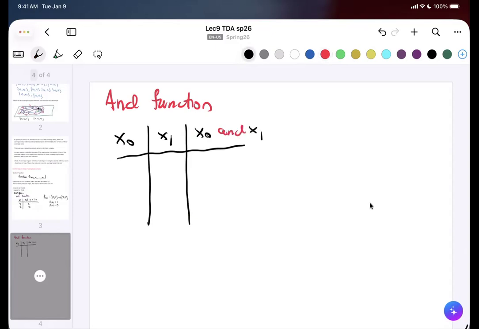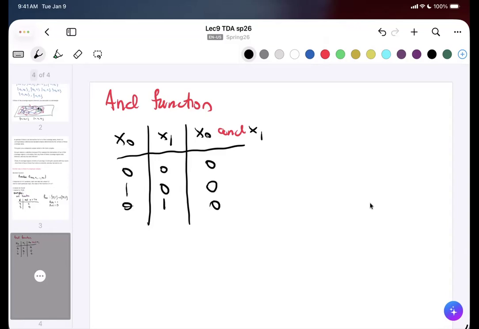So again, the idea is that, for example, if both are false, then the and of two false things should be false, right? And if one of them is true, but the other one is false, that should also be false, right?